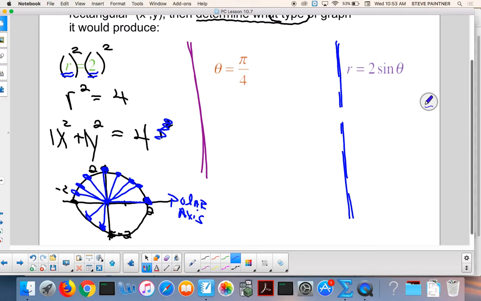Theta equals pi over 4. Change what? Oh. So she says I can just take tangent of theta.